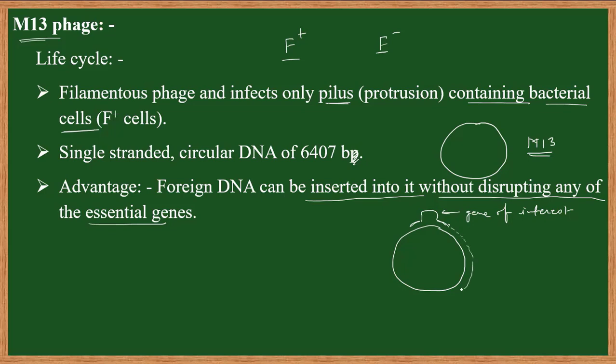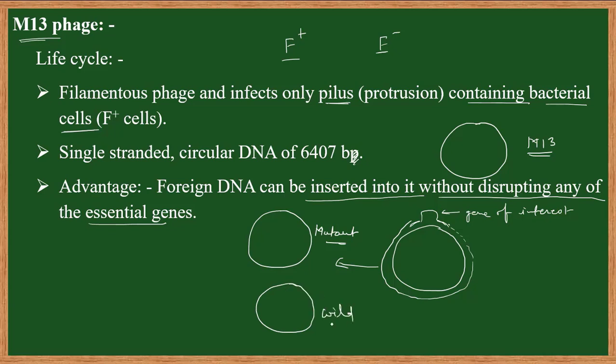So the replicative form converts into double stranded. Again these two strands segregate and form one is mutant type, the outer one has the gene of interest, so this one is mutant type, and the inner one is wild type. So this one is wild type and the outermost has the gene of interest, so this one is mutant type.